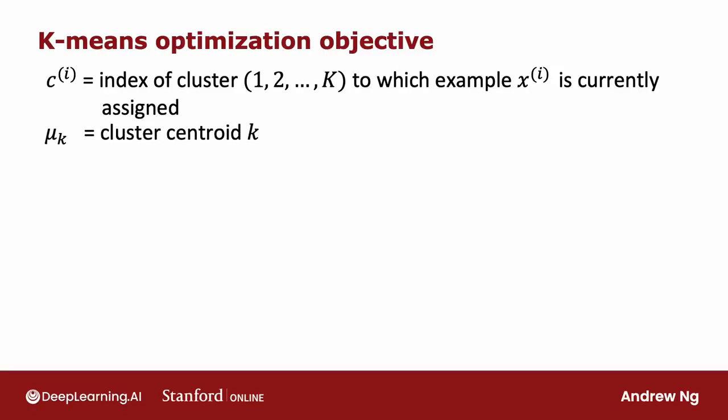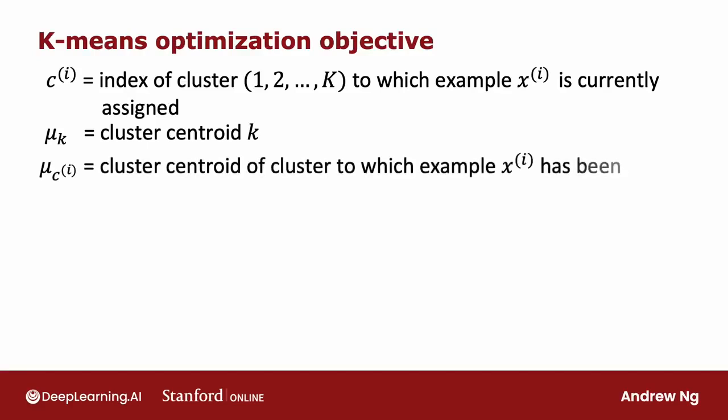Let me introduce one more piece of notation, which is when lowercase k equals ci, so mu subscript ci is the cluster centroid of the cluster to which example xi has been assigned.